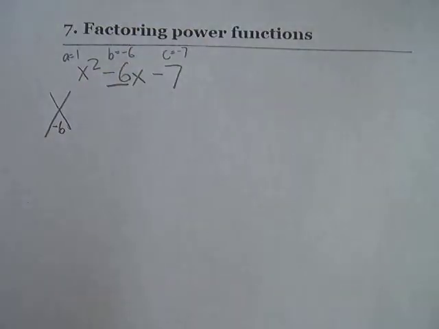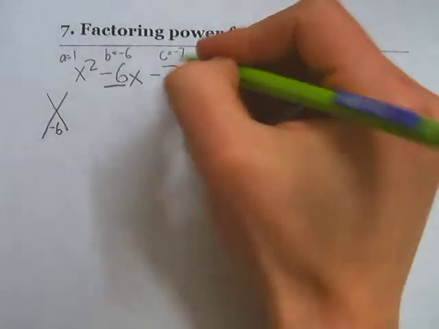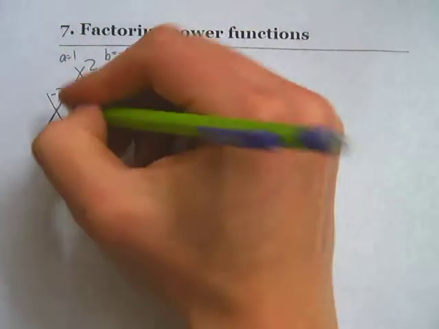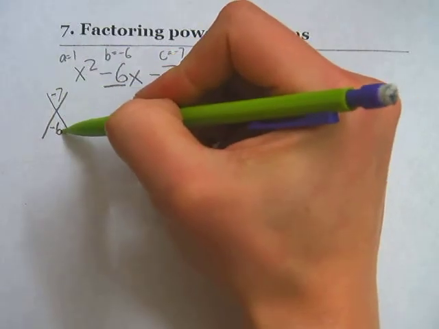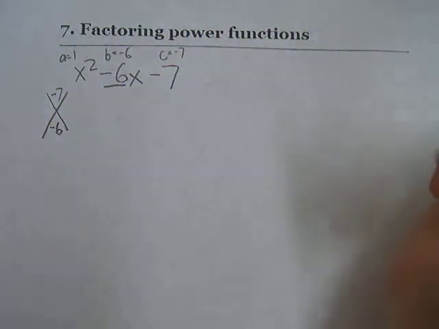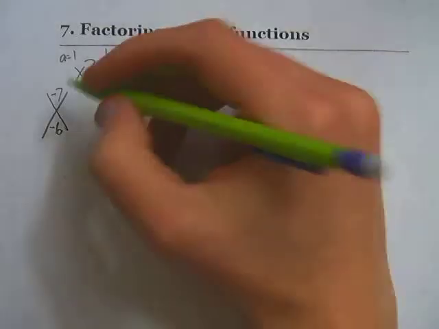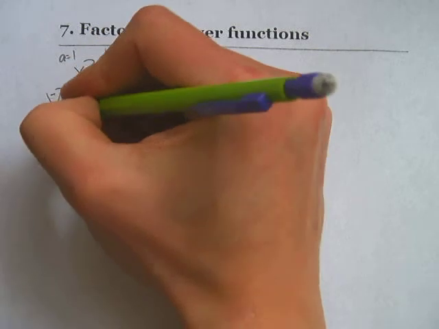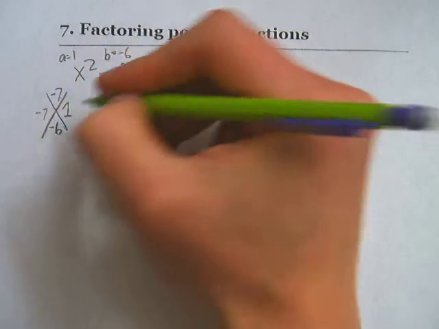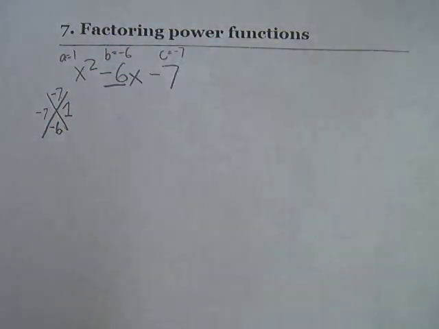It's like ax squared plus bx plus c, that sort of notation. We throw the -7 in the top, and we ask, what multiplies to this and adds to this? It turns out this one's pretty easy. -7 and 1 multiply to -7 and add to -6.